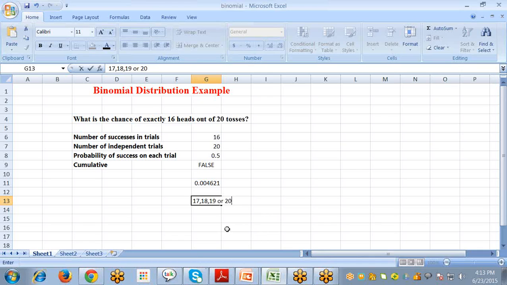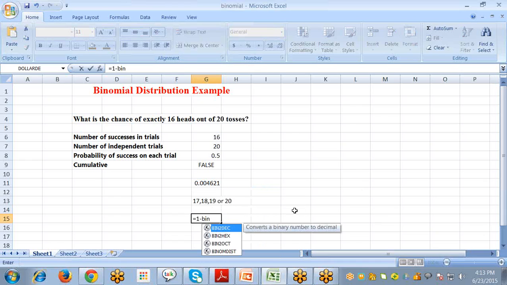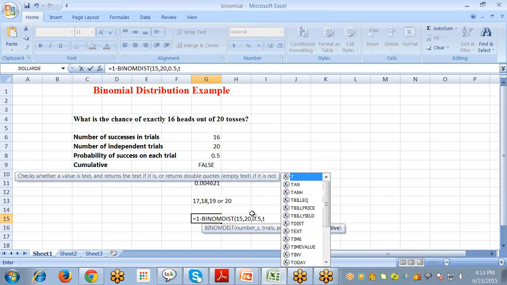Another way is to use the Excel formula equals 1 minus the BINOM.DIST function, and here in place of 16 I am passing 15, then 20, and then 0.5, and then TRUE.